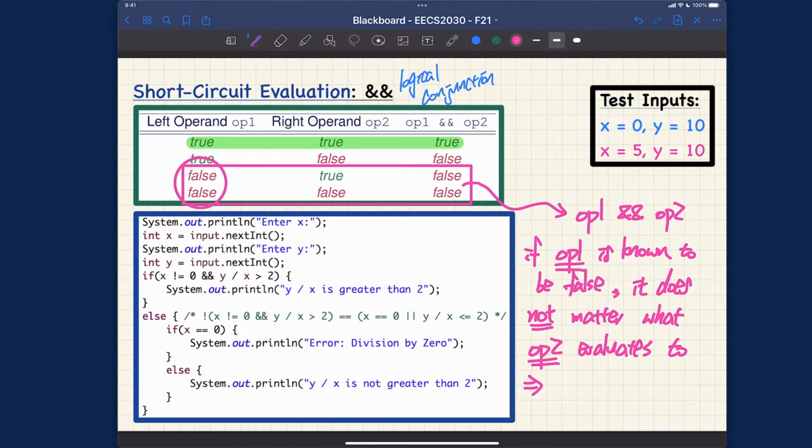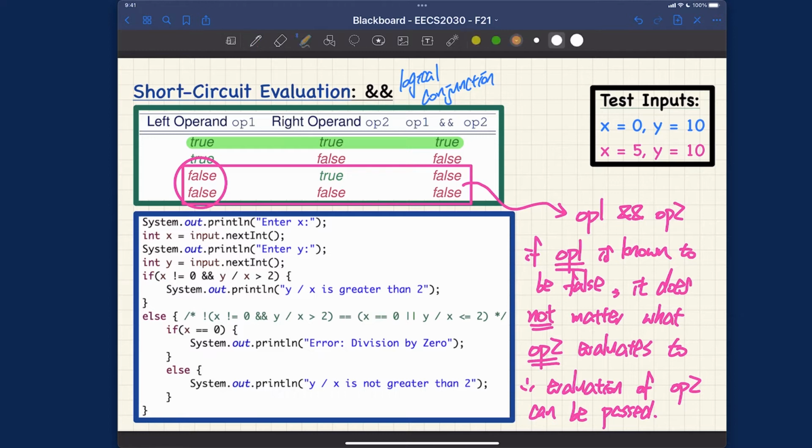Therefore, the evaluation of operand 2 in this case can be bypassed. And we're going to have a very similar argument for disjunction as well. I'll get to that in just a moment.